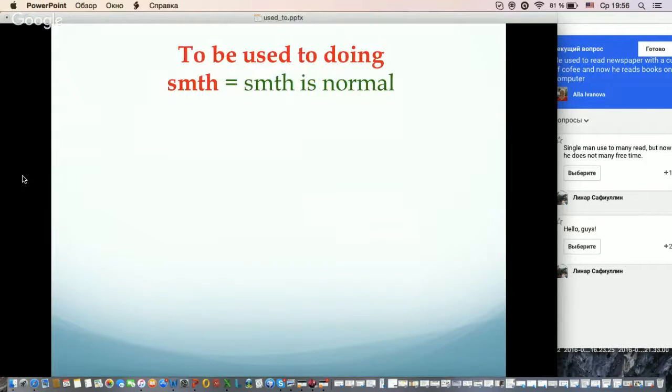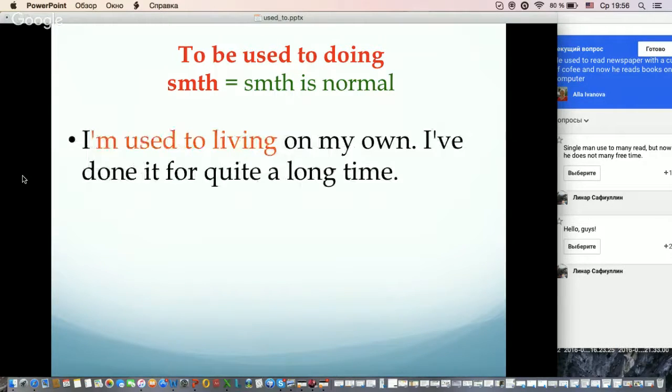So to be used to do something means something is normal. То есть если мы говорим, что кто-то is used to doing something, мы подразумеваем, что что-то для кого-то является привычным. Если мы заменяем to be на прошедшую форму, то это означает, что когда-то что-то было привычно для человека. I'm used to living on my own. I've done it for quite a long time. То есть жить самостоятельно — привычное дело для меня, и я делаю это на протяжении довольно долгого времени.